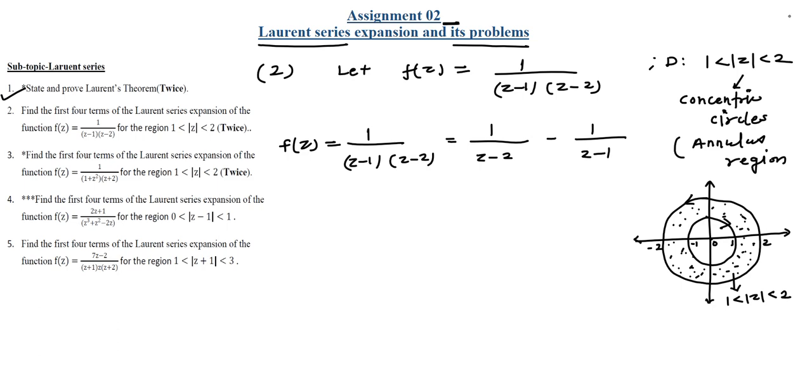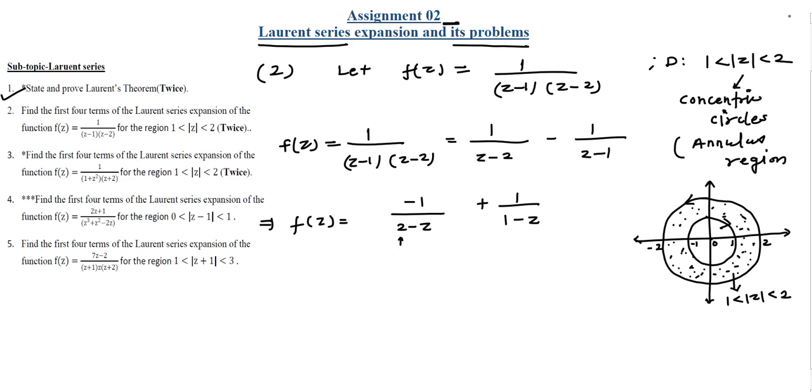Now further, write the given function f(z) in standard form. Take the negative here, so that is -1 / (2 - z), and also take the negative from the second term, which gives positive 1 / (1 - z). Now our main task is, in the first term, which term we have to take common, either the 2 or the z.